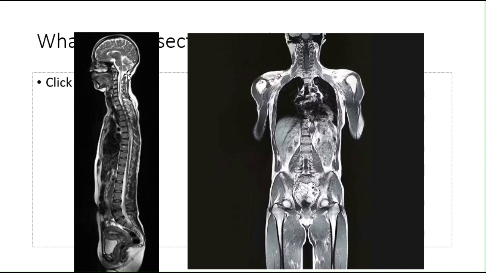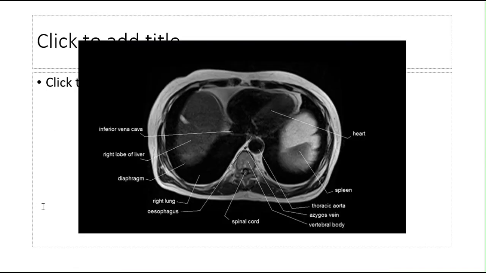And what kind of plane is this one, the left one? It is a sagittal plane. And this picture, this MRI, okay, is the transverse section. We can see, for example, the lung and heart here.